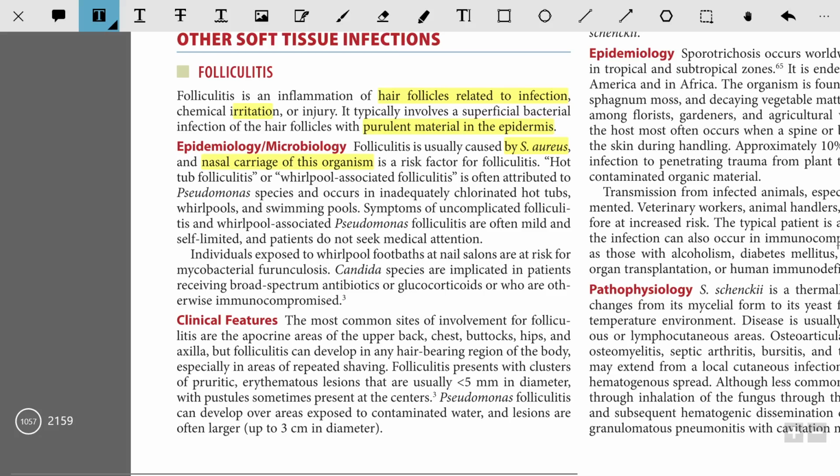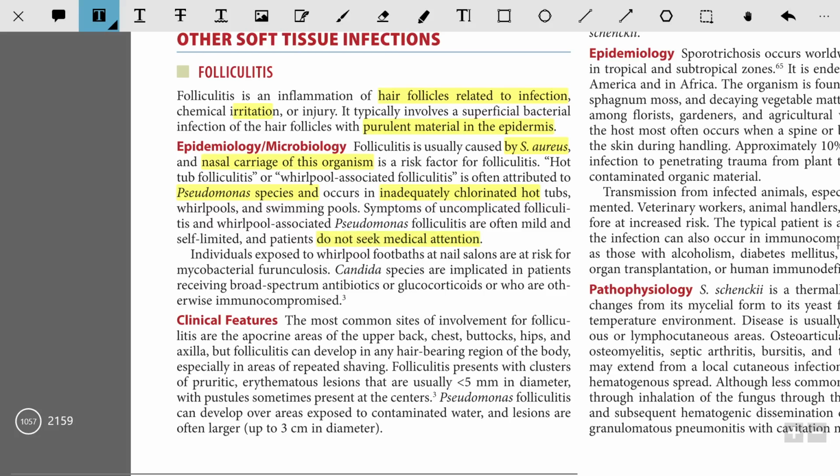Hot tub folliculitis or whirlpool-associated folliculitis is often attributed to Pseudomonas species and occurs in inadequately chlorinated hot tubs, whirlpools, and swimming pools. Symptoms of uncomplicated folliculitis and whirlpool-associated Pseudomonas folliculitis are often mild and self-limited, and patients do not seek medical attention.